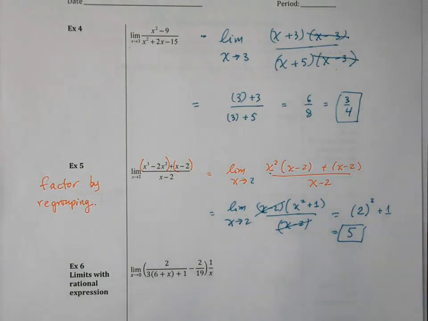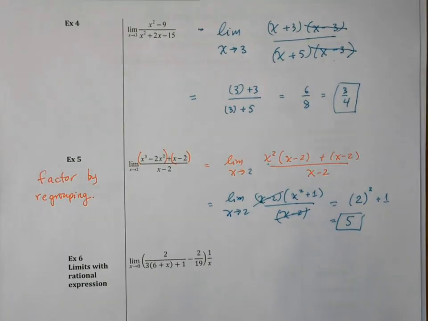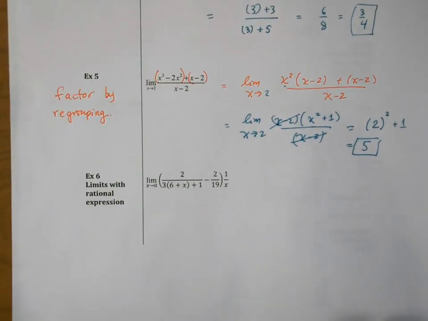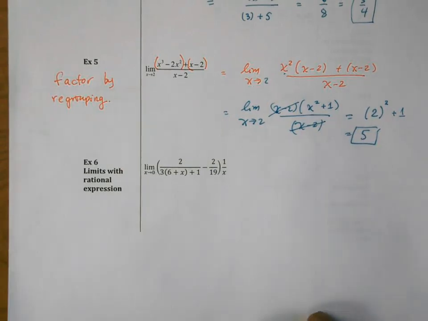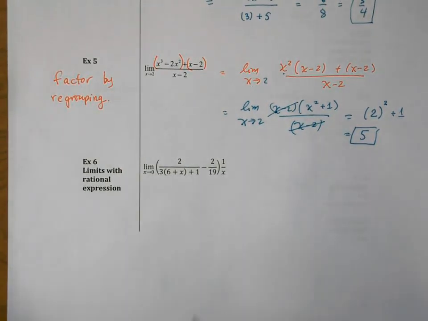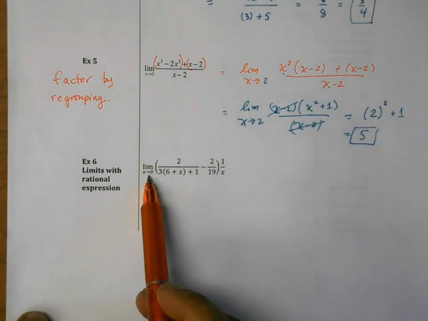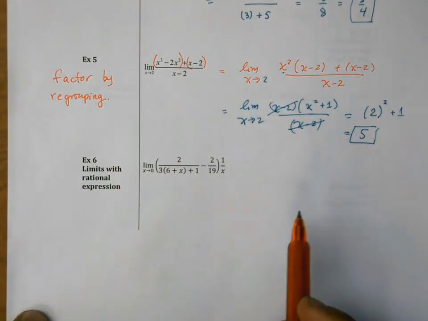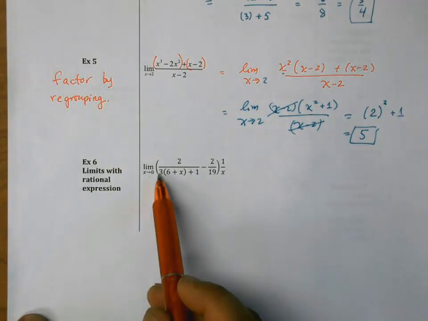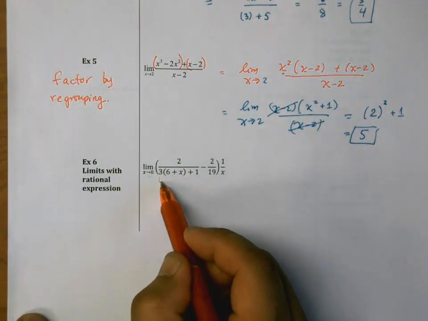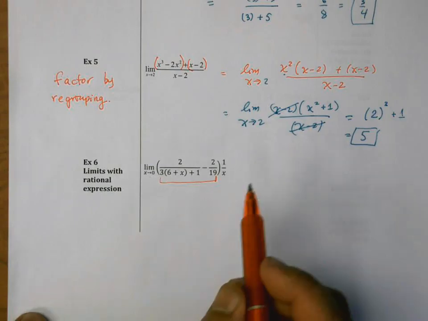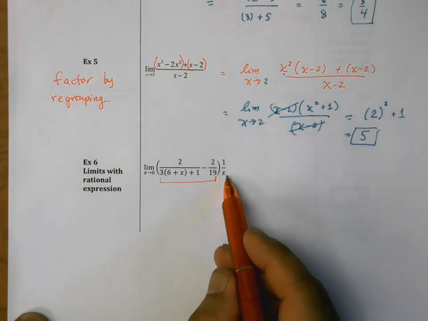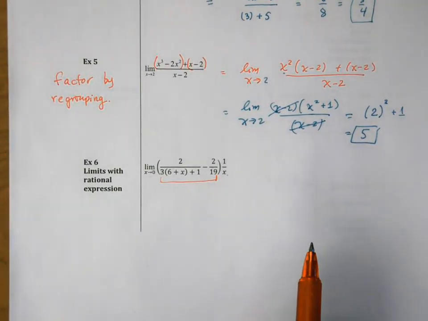Okay. Let's keep on going here, and let's deal with a much more complex example. In this case, we cannot do direct substitution, because if you were to put in 0 in here, you would get division by 0. So what I'm going to do is work with this section here to hopefully get some results that will cancel out x. So I'm going to start by just combining these two fractions together.